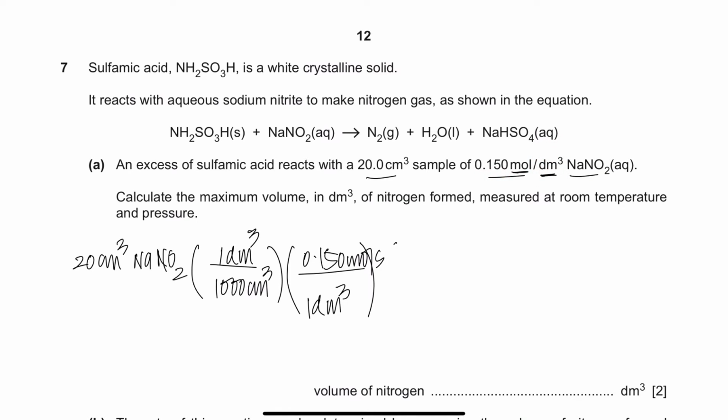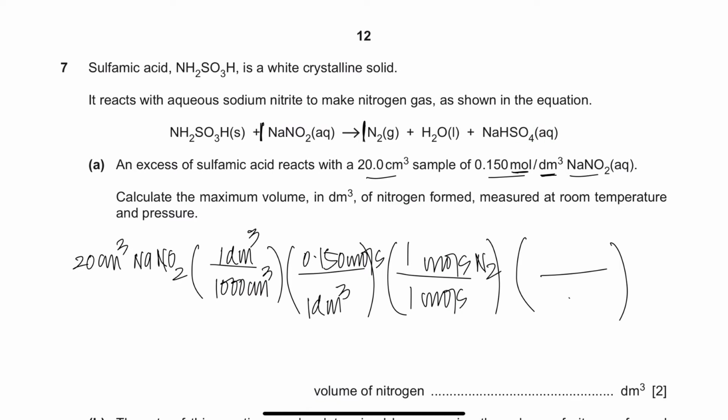Now you don't need moles of NaNO2, you need moles of nitrogen, and that you can get from the equation: 1 mole of NaNO2 will give you 1 mole of nitrogen. Then you don't need moles of nitrogen, so that goes in the denominator, and you need volume of nitrogen, so decimeter cube. You know 1 mole of nitrogen has 24 decimeter cube, obviously.